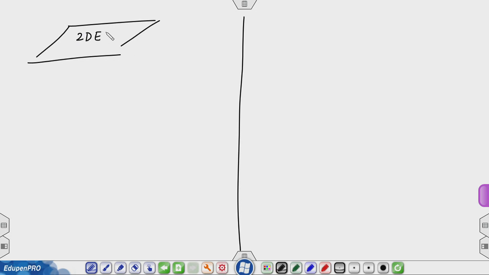2-dimensional electron gas in which we have psi x y equals psi harmonic oscillator n of x plus this h cross k over e B. The wave function was shifted, and I will show you in a minute what it means. And this is e raised to i k y.